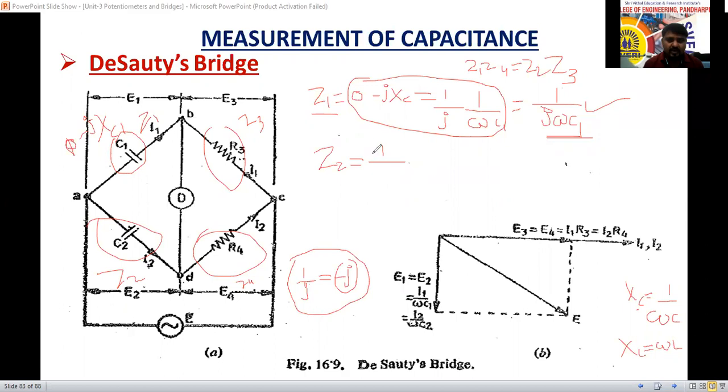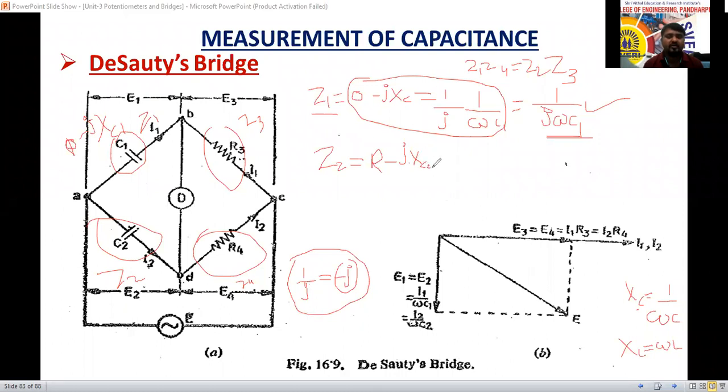So Z, for the capacitive load, we are going to write R minus JX. This X is nothing but the net reactance. Here, what is there? A capacitor, right? Roll number 12, unmute. Only capacitor C2 is there. So instead of X, I will write XC2 here.